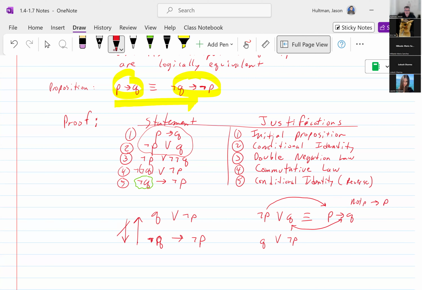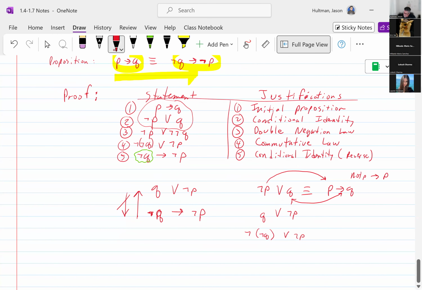If I don't have a not to go there with, I do need the not Q so that I can take this guy and not Q him, and then take the not P and not P him. Does that make sense?